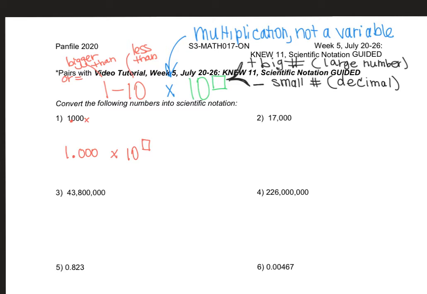That's what my scientific notation template looks like. Then I just have to figure out what goes in that box. What goes in that box is how many places I had to move to get there. I went from the X to the decimal: 1, 2, 3. So I put 3 here. And because I started with a big number, it's positive.